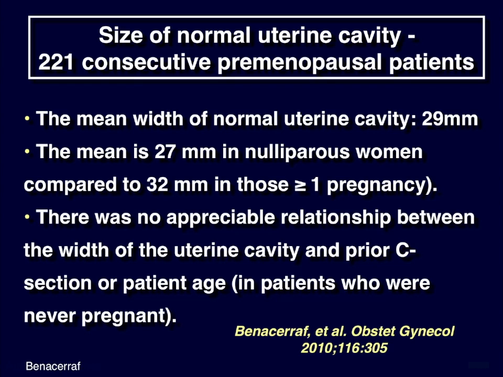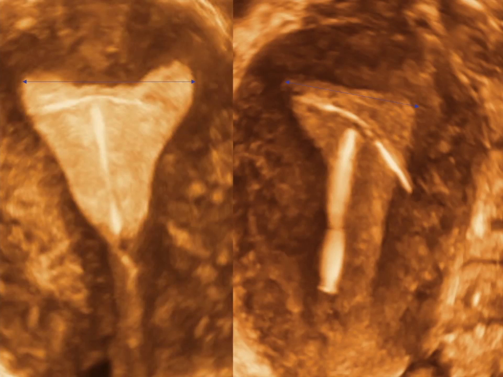Now, we also looked at other variables, and there was no appreciable relationship between the width of the uterine cavity and other variables such as prior C-section or patient age. So what's interesting is that the IUDs are all 32 millimeters. And clearly, as we measure the fundus of the uterus, some IUDs are just not going to fit.